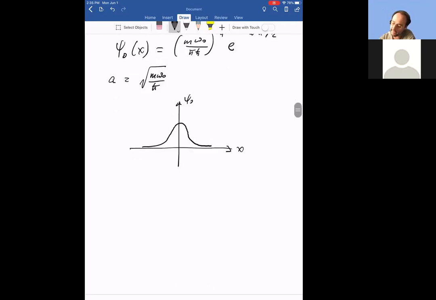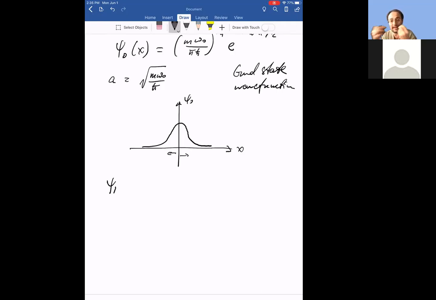What about the first excited state? So this is the ground state wave function. We can immediately see from here that the most likely place to find a harmonic oscillator in the ground state is at the equilibrium point. That's true. But every once in a while, you will find it away from the equilibrium point.